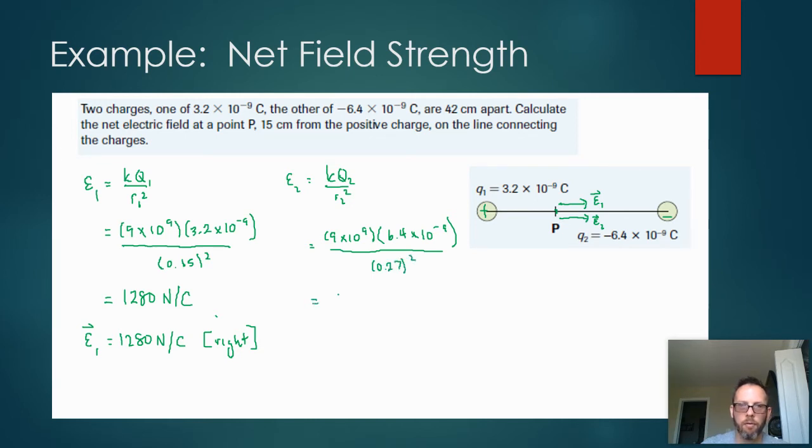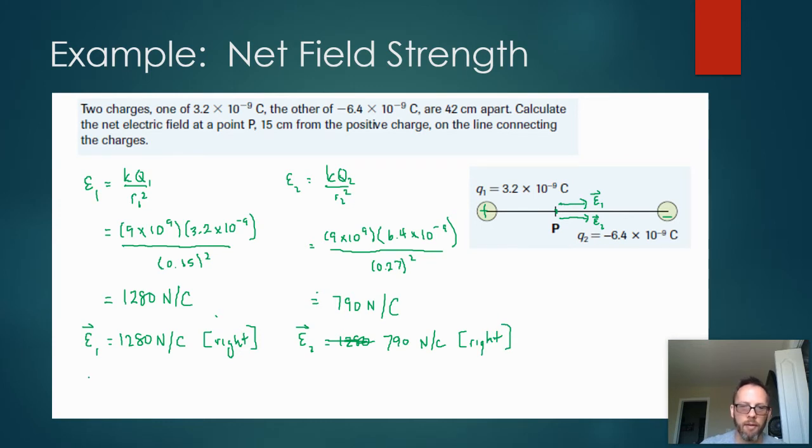Because it's 42 centimeters between the two charges. 9 times 10 to the 9, 6.4 times 10 to the minus 9, over 0.27 squared. All right, I got about 790 newtons per coulomb. And so the electric field vector is 790 newtons per coulomb. And again, it's to the right. We know the direction because we've thought about the problem.